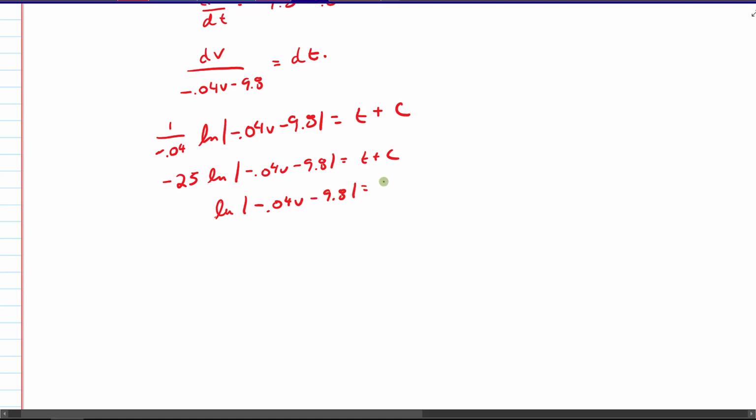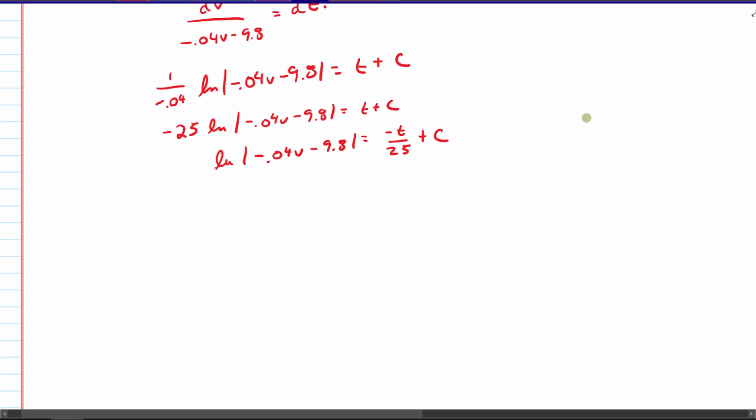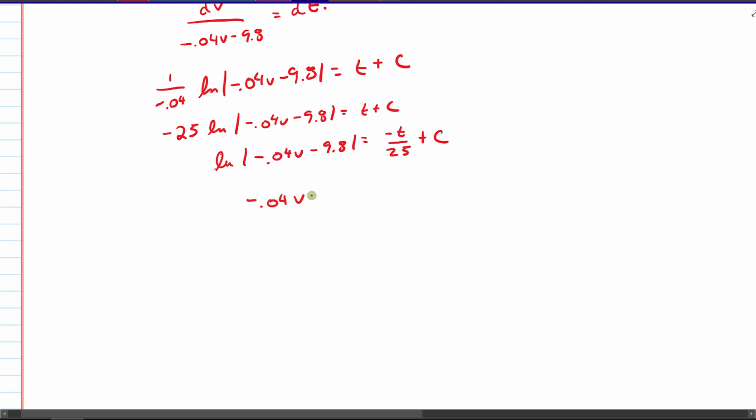So I get negative t over 25 plus, because I don't have any other constants there, dividing c by 25, I just call that a new constant. And exponentiating and using some tricks we've done a couple of times, I end up with negative 0.04 v minus 9.8 is equal to c e to the negative t over 25.